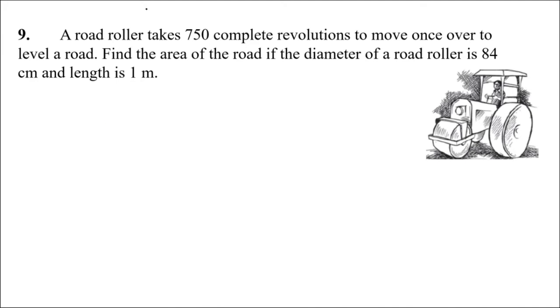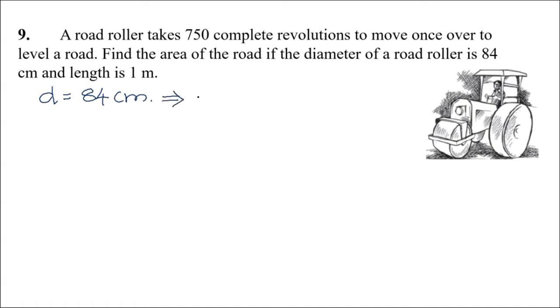Question number 9. A road roller takes 750 complete revolutions to move once over to level a road. Find the area of the road if the diameter of the road roller is 84 centimeter and its length is 1 meter. Here, let me mention the diameter as D, which is 84 centimeter.